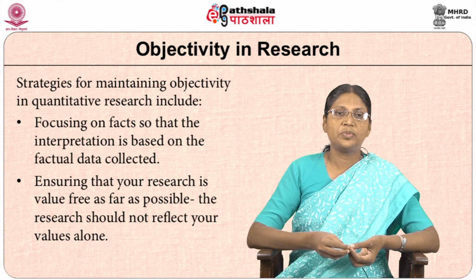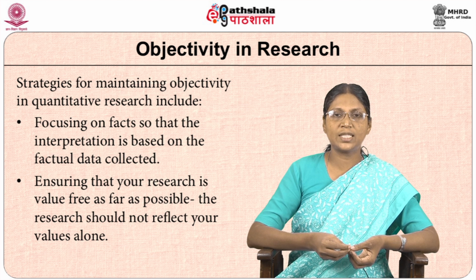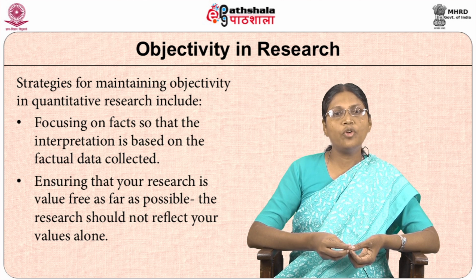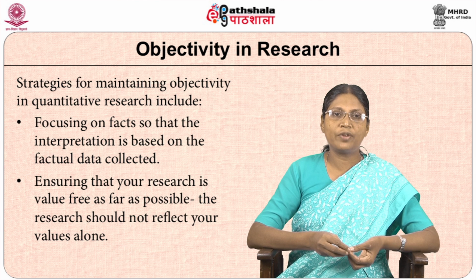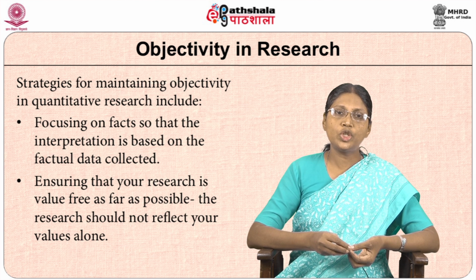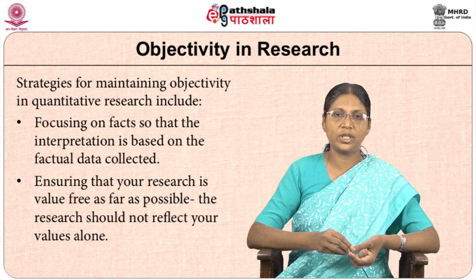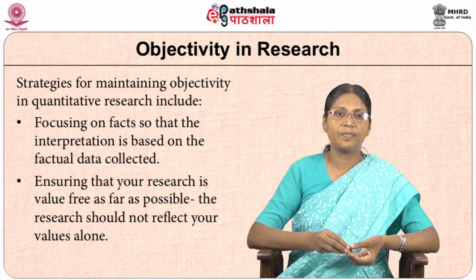Rees and Sprenger provide strategies for maintaining objectivity in quantitative research, which I explain below. Focus on the facts and data collected. Your interpretation should be based on the factual data that you have collected. You should be able to prove your hypothesis or your claims through the factual evidence that you have collected.